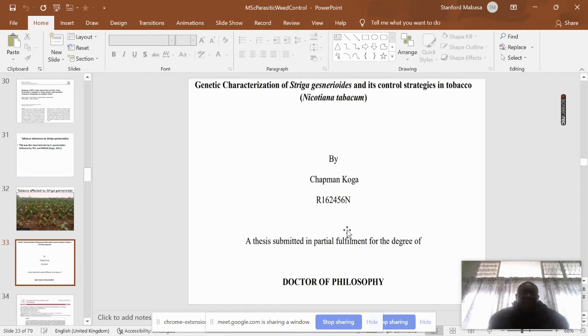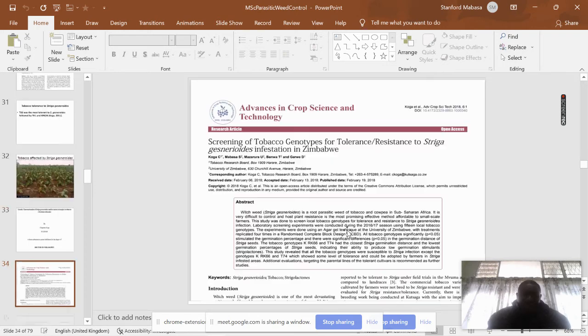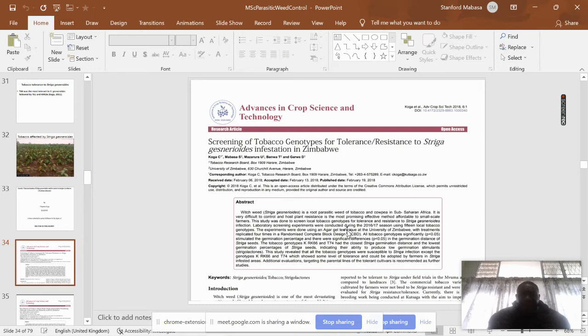It's available in the UZ library. So he also wrote a paper, "Screening Tobacco Genotypes for Tolerance or Resistance to Striga gesnerioides Infestation in Zimbabwe."